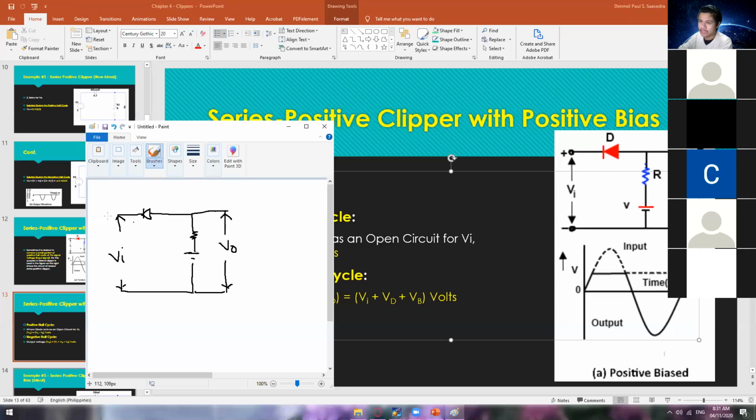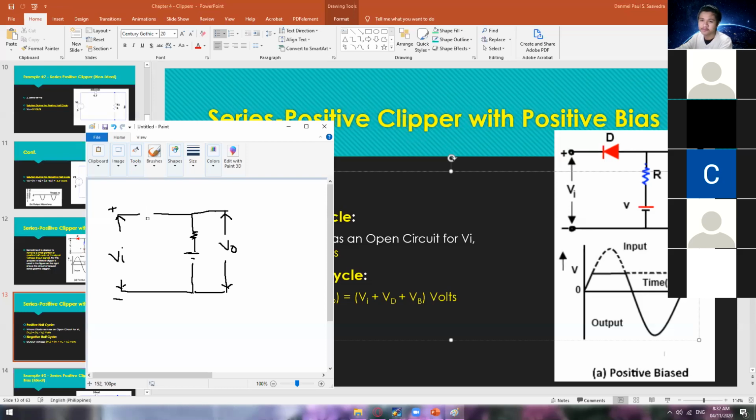If we are in the positive half cycle, the polarity of our input voltage is positive on top and negative here. As you can see, our diode now will be in reverse bias because our positive side is connected to the N type and our negative side is connected to the N type. So as a result, this one will become what? Forward bias or reverse bias? Reverse bias, sir.